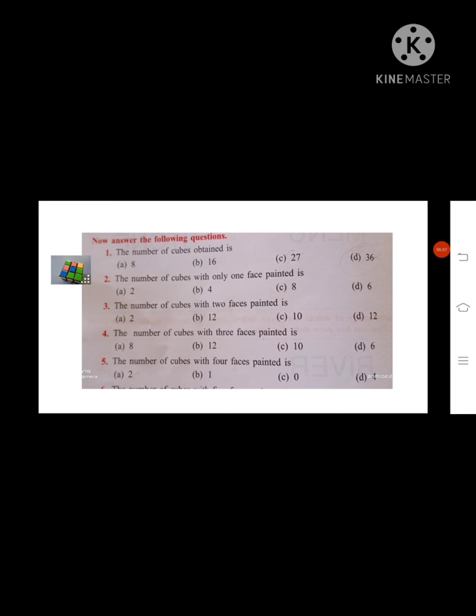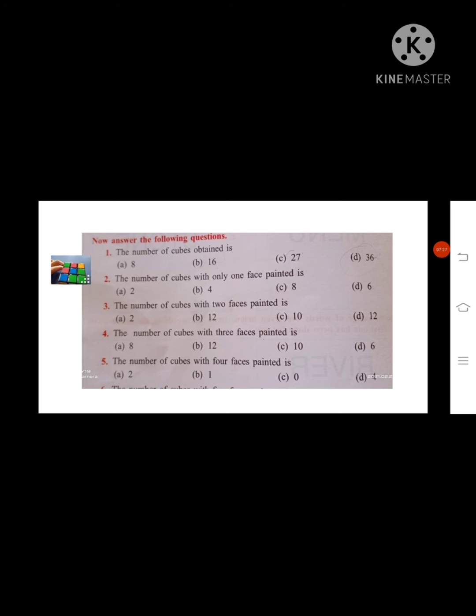Got it? Next, the number of cubes with only one face painted. To clear your doubt, we will see which blocks have one face, which blocks have two faces, and which blocks have three faces.